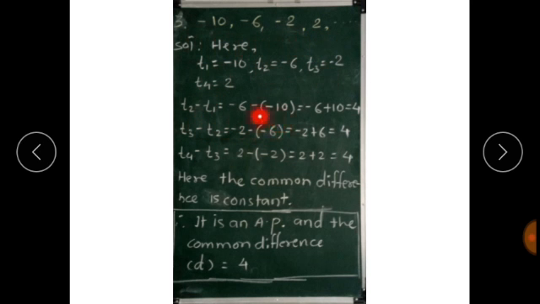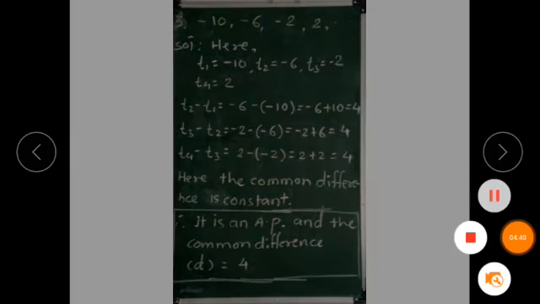So minus into minus will become plus. Therefore it is equal to minus 6 plus 10, which is equal to 4. Similarly, T3 minus T2 is 4. T4 minus T3 is also 4. Here the common difference is constant. Therefore it is an AP and the common difference d is equal to 4.